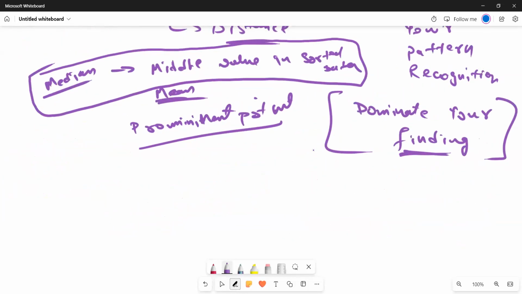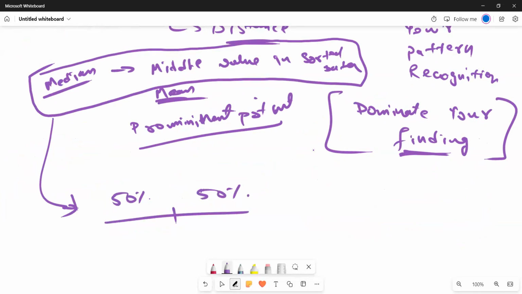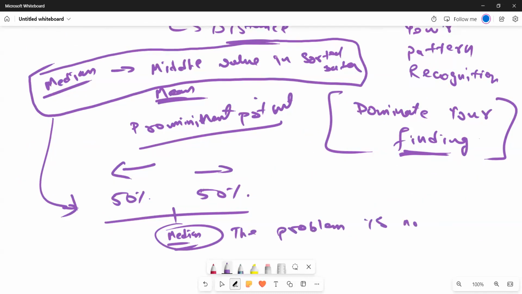Because if I shift my data to the middle value, it does not indicate that you have 50% and 50% towards both sides. Let's say this is your median, right? Median value does not indicate that you have 50% of the data on the right and 50% of the data on the left, which is why if I shift it to the median, the problem is not solved.